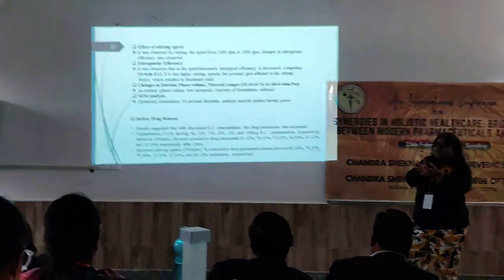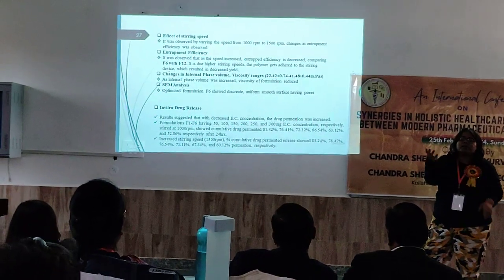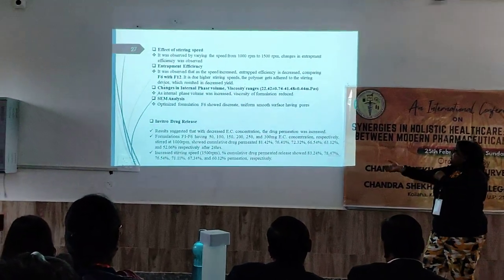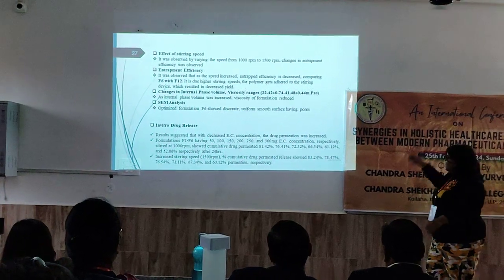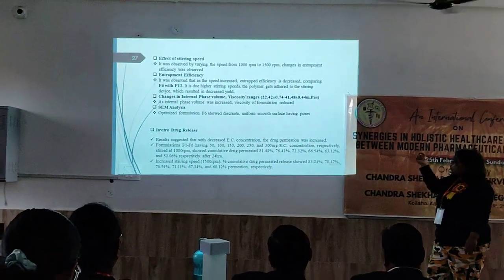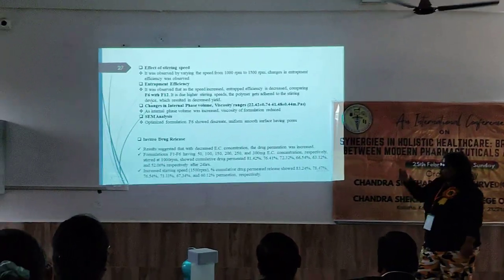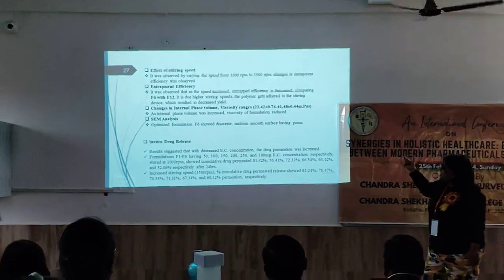That is why there is a decrease in the yield, so entrapment efficiency automatically decreases. As we increase the internal phase volume from 10 ml to 15 ml of dichloromethane, the viscosity of the formulation decreases. So after analyzing these 3-4 parameters, we have optimized one formulation, that is F6.